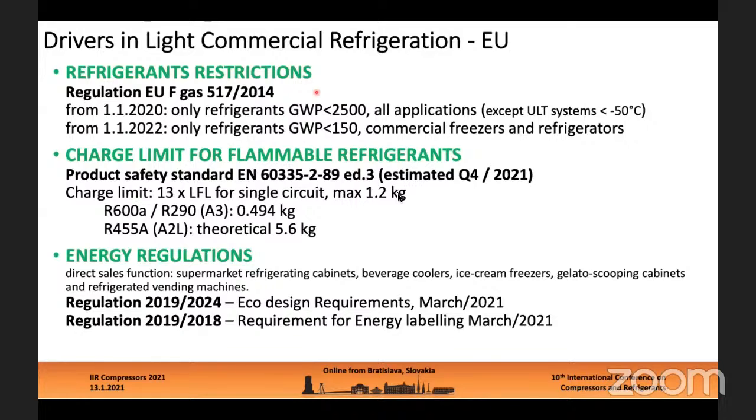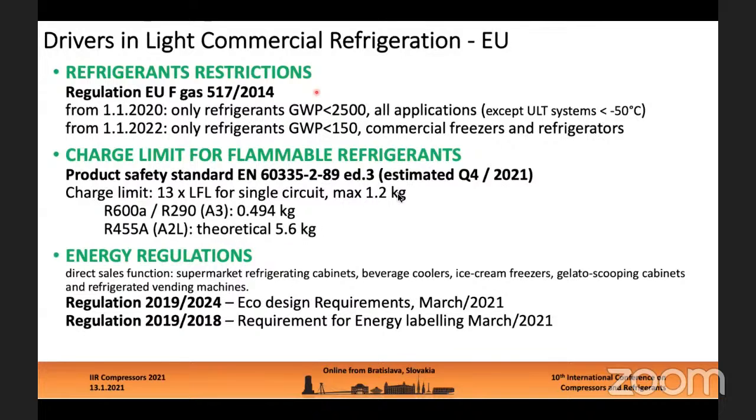This is valid for all applications except ultra low temperature systems, which are used to store products below minus 50 degrees C. From January 1st, 2022, for commercial freezers and refrigerators, it will be allowed to use only gases with GWP less than 150.